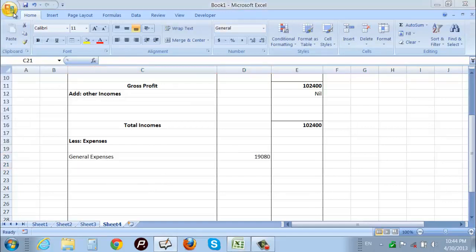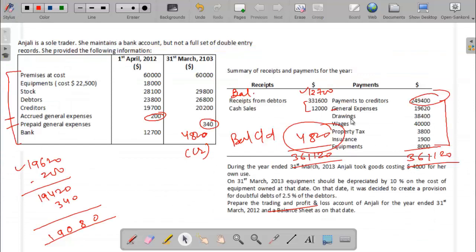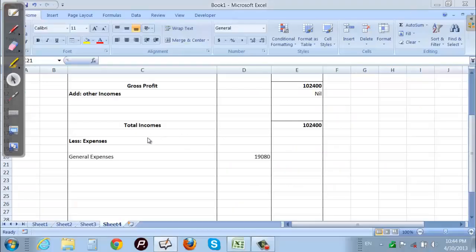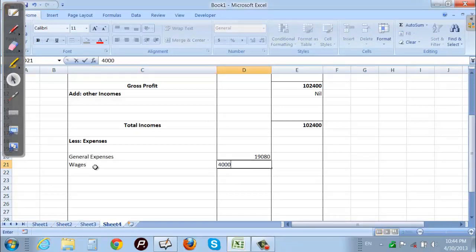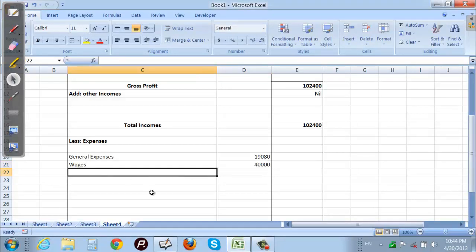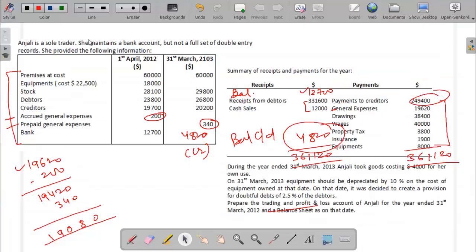After journal expense, the next item is drawings. Drawings we will subtract from the opening capital in the balance sheet. Then we need to write wages. Wages 40,000 is there, and regarding wages there is no adjustment, so we will consider the entire wages, the entire amount $40,000. After wages, the next item is property tax 3,800.